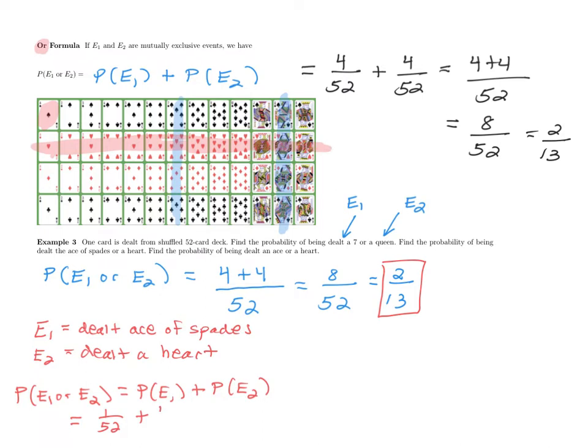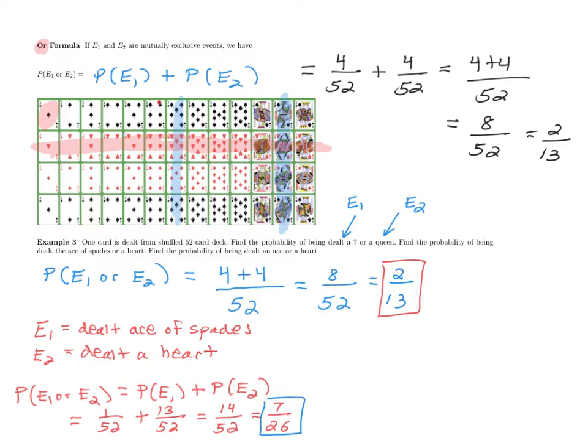So that's 13 out of 52. These can be added together. You're basically just counting up the number of ways out of 52 this event happens. That's 14. And we can reduce 14 over 52 because they both can be divided by 2. 52 divided by 2 is 26. This is 7 over 26, and that is the probability.